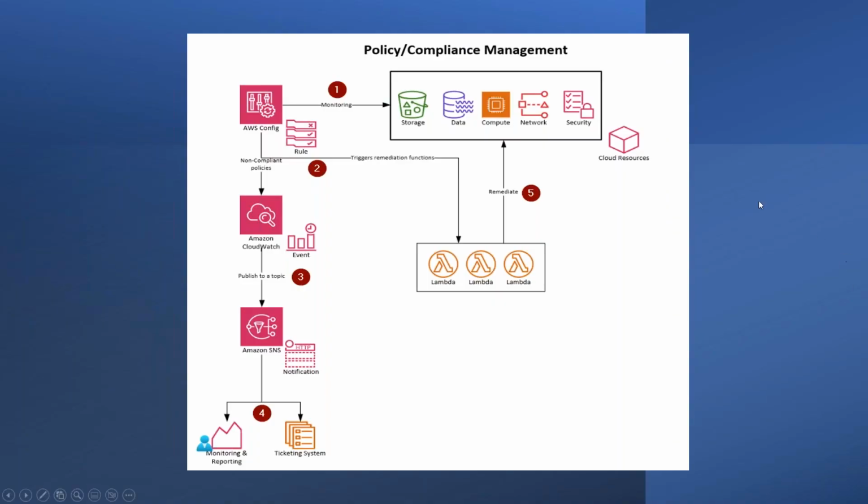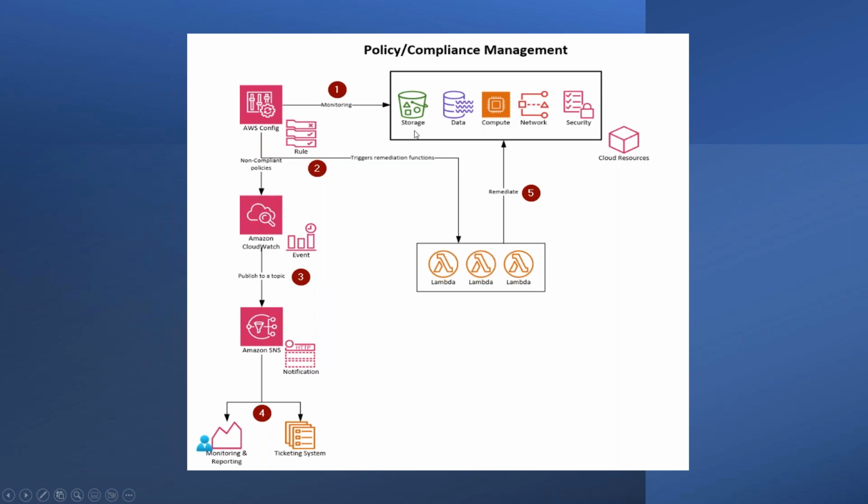In this scenario, we explore cloud resources. Cloud resources could be anything from storage, data, compute, network, or security. They're all being monitored by a service called AWS Config. AWS Config is a service that allows you to check for and validate the compliance posture of different resources on the cloud.